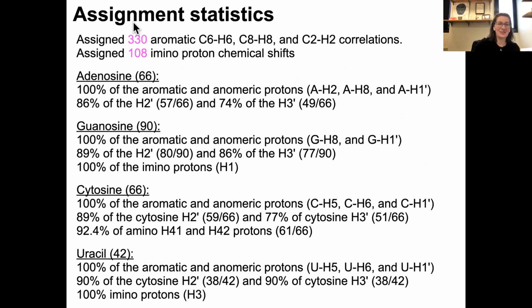We assigned 330 aromatic carbon-proton correlations and 108 imino proton chemical shifts. We essentially assigned all of the aromatic to anomeric protons for every nucleotide in the RNA, and a good number of additional ribose proton assignments. So this is really a massive effort.